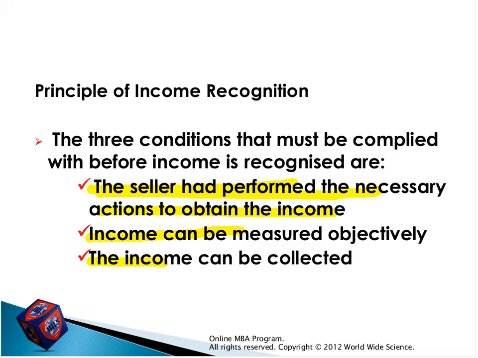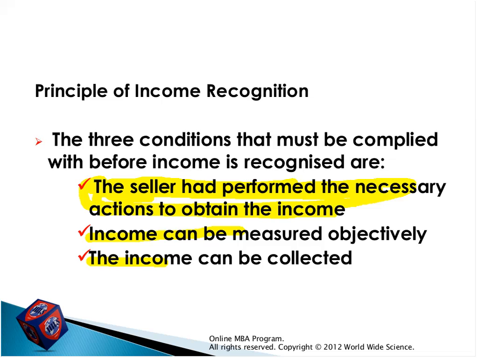Next, income can be measured objectively. It's okay, it's measured at 42,000 euro. And the income can be collected. It hasn't been collected, because the most important thing is that our consulting company hasn't performed the actions, the consulting services.